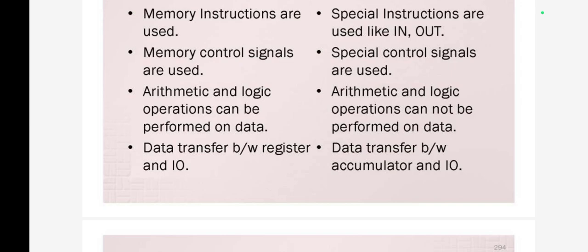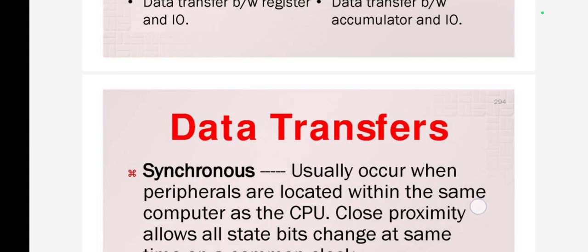Arithmetic and logic operations can be performed on the data in memory mapped IO, but arithmetic and logic operations cannot be performed on data in IO mapped IO. Data transfer between register and IO is possible in memory mapped IO, whereas data transfer between accumulator and input output is possible in IO mapped IO.